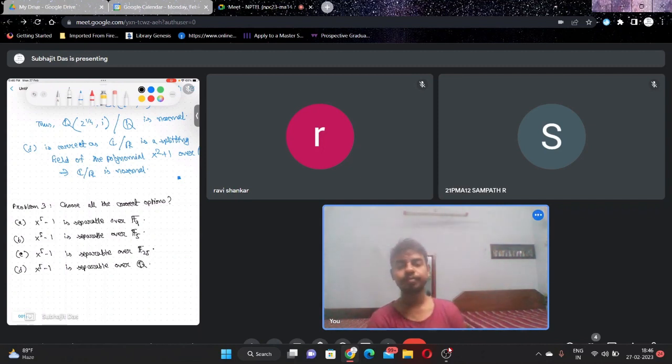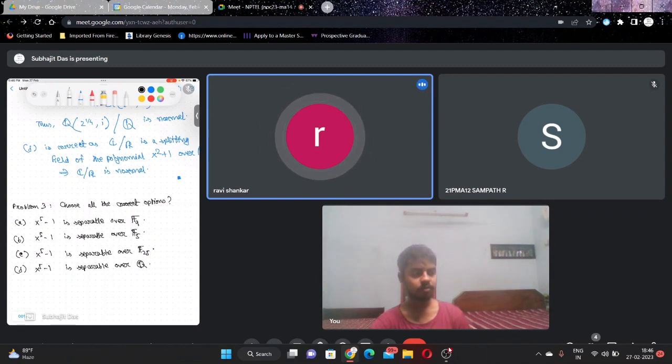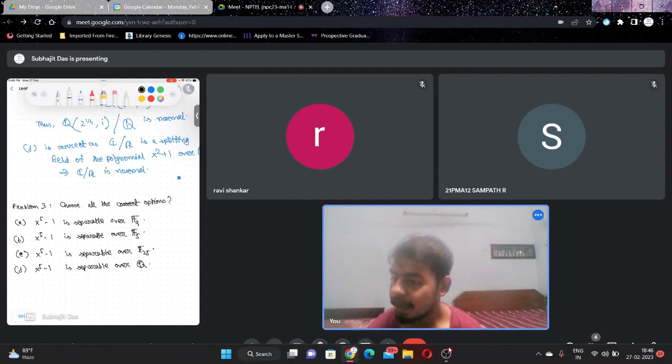A polynomial p(x) over a field F is said to be separable when? When do we say that a polynomial is separable? All the roots are distinct. Yes, good. A polynomial f(x) over a field F is said to be separable if it has only simple roots.